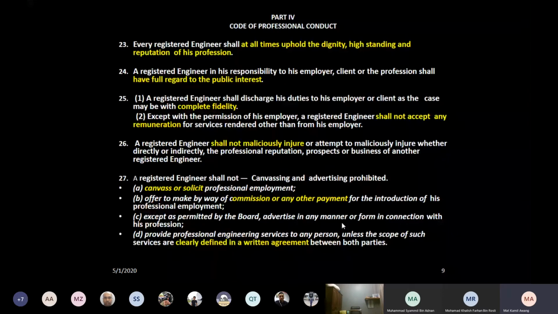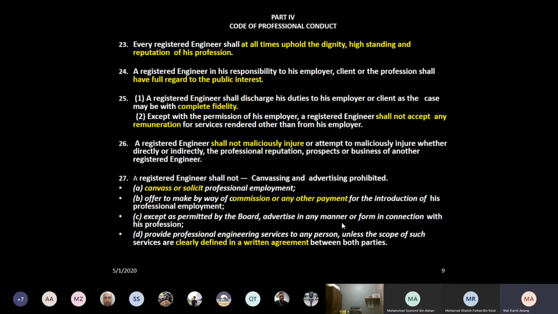Canvass or solicit professional employment, or offer to make, by way of commission or any other payment, an introduction of his professional employment. So you cannot give commission so that people will recommend you to a company to engage you as a consultant. No, you cannot do that.